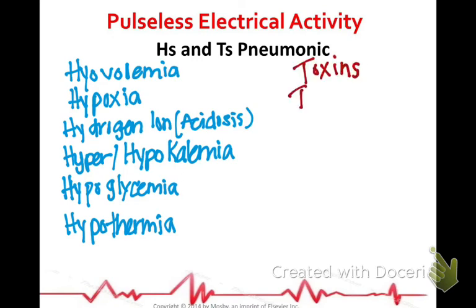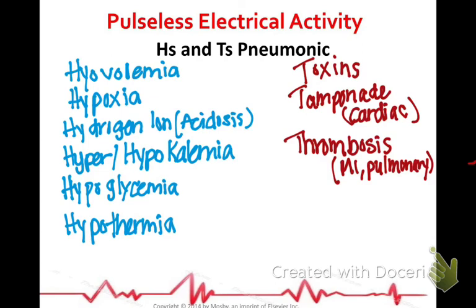T: toxins. Tamponade, the ventricular tamponade. Thrombosis, like an MI or pulmonary thrombosis.